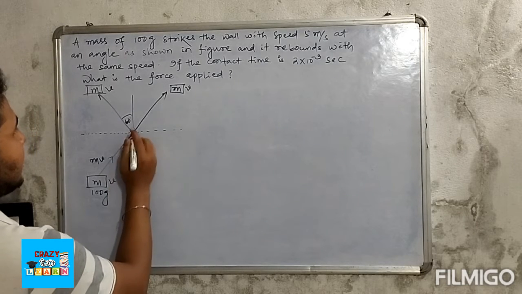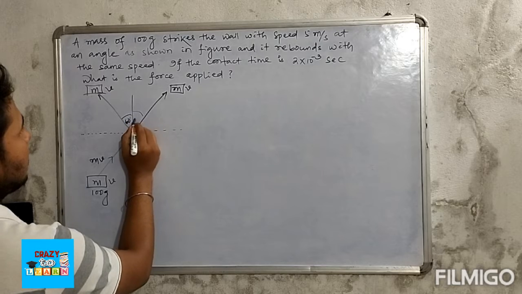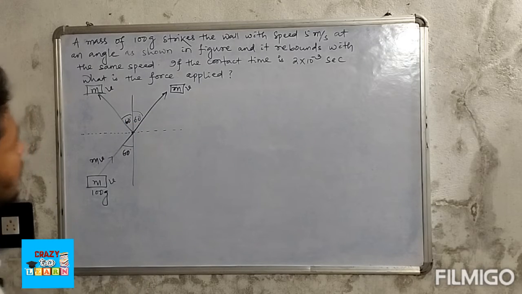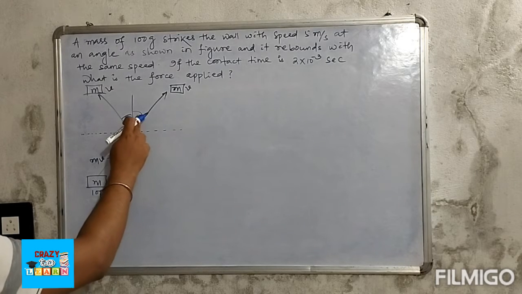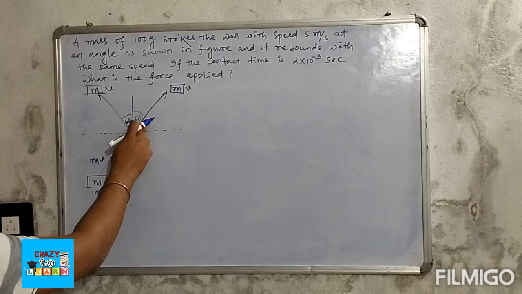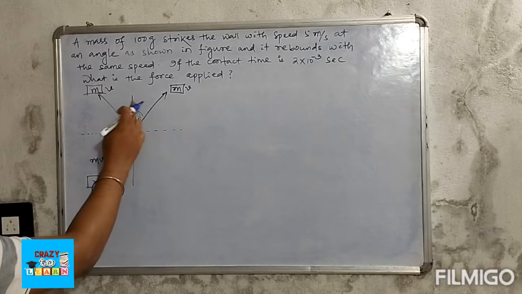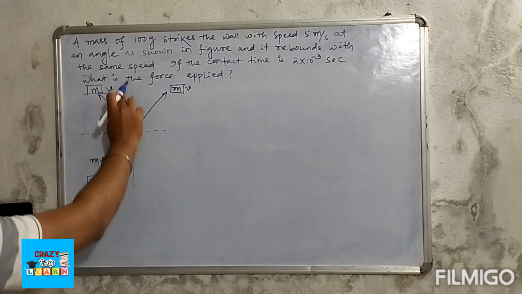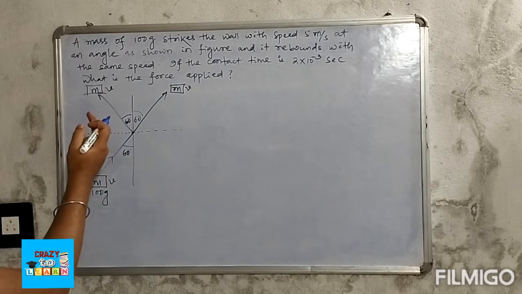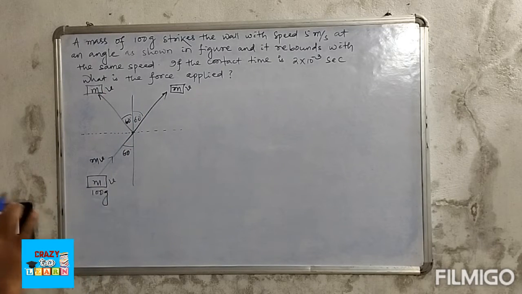If this angle is 60, it is the vertically opposite angle, so this angle is also 60. In vector resolution into two components, as I already discussed with you, the component that the vector makes the angle with is taken as cos theta and the opposite component is taken as sin theta.